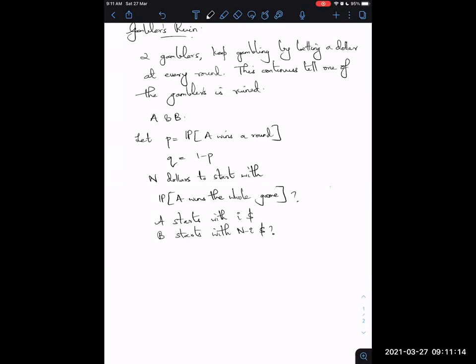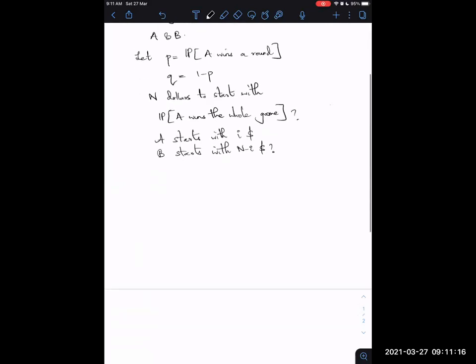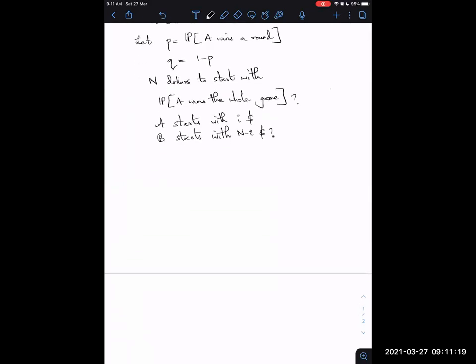With this setup, we need to solve for the probability that A wins the whole game. The idea to solve this problem is what is known as a random walk. We won't go into too many details of what a random walk is, but we'll see these again later in the course.